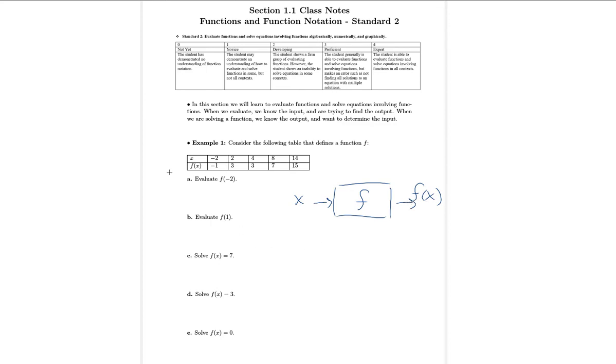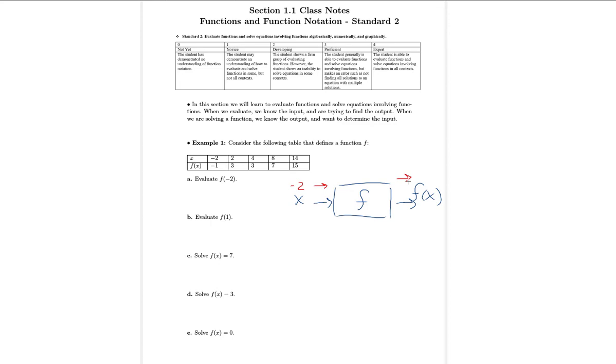All right. So when we're asked to evaluate a function for a particular number, what we're being asked to do is to take this as the input. Notice it's replacing x, right? So -2 is the input here in part A. It's replacing x, so that literally means that I am placing a -2 in the spot of x, and then being asked what comes out the other side.